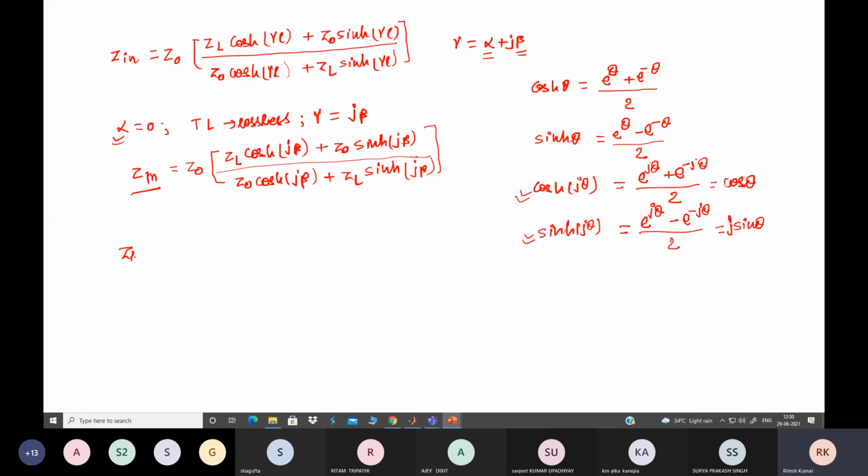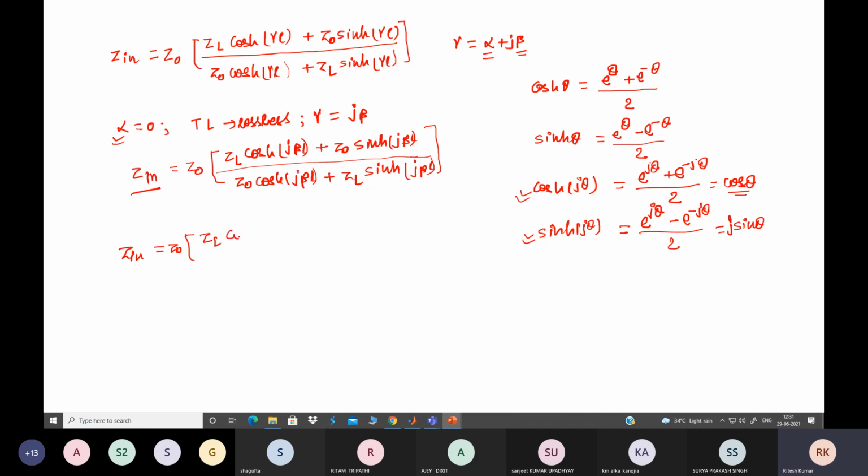Therefore input impedance Z in is equal to Z naught. Now here ZL, and see, instead of beta, beta L is there because gamma L is there. So with beta we have another term also, L. Now ZL and cosh j beta L, so cosh j theta means cos theta only.